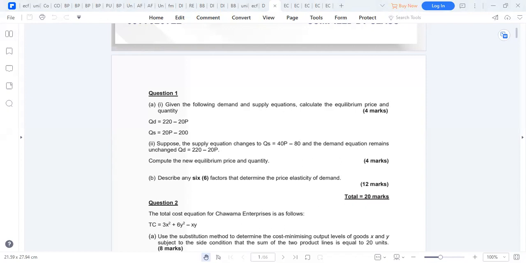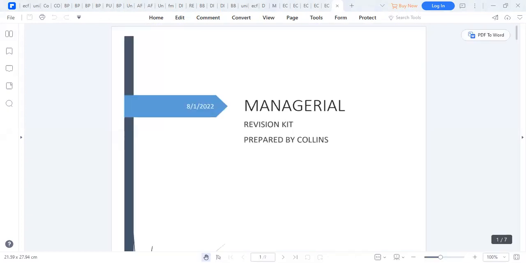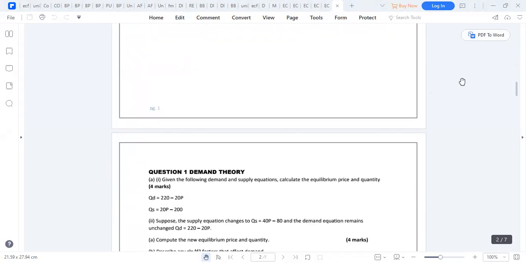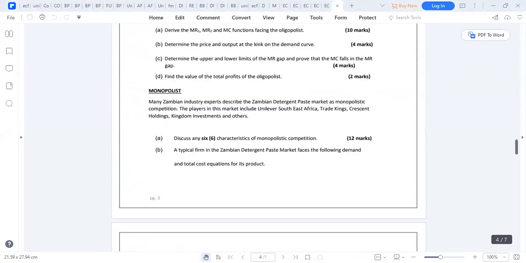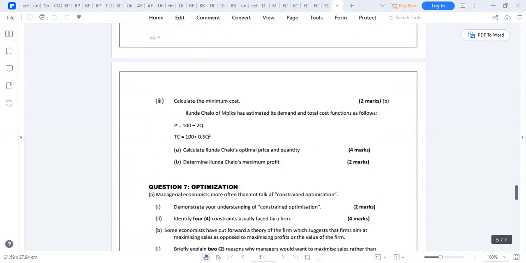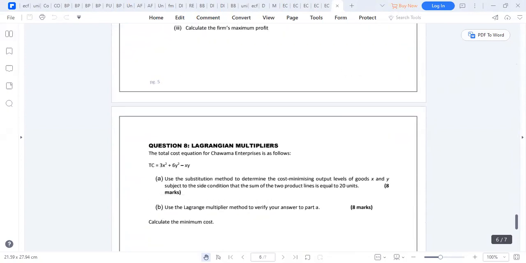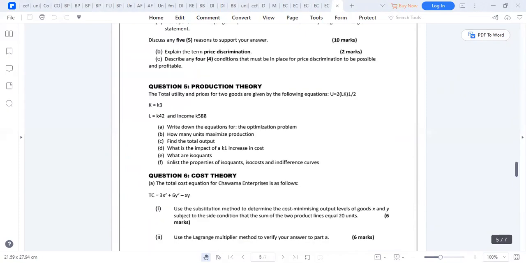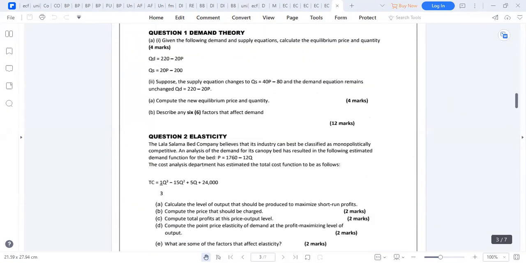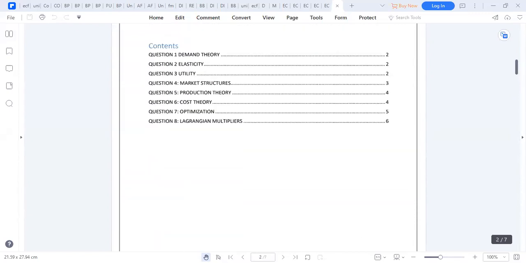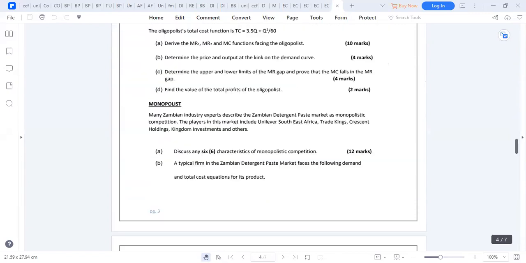Where have you sent it? It's on the group? Yes, I've sent it on the group. Okay, so under production, let's look at production. Number 4.